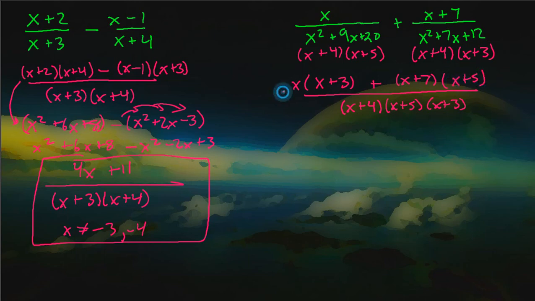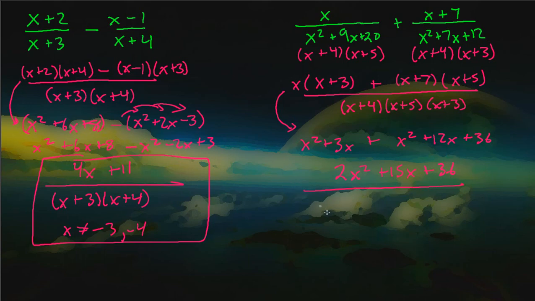Now I'll multiply out, so I'm just going to work on my numerator a little bit, just to simplify it. I'll multiply this out. And now I combine like terms. So I'm continuing just working on my numerator. I get 2x squared plus 15x plus 36.